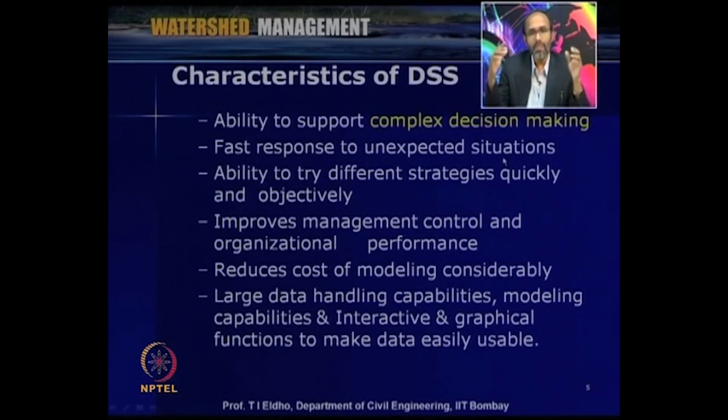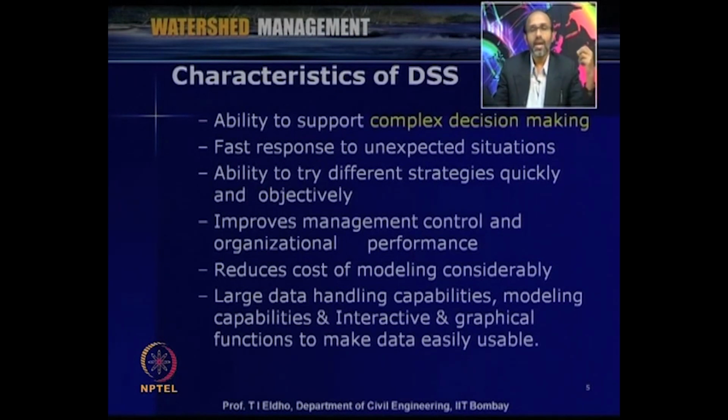For example, if a flash heavy rainfall is going to take place, and there is a possibility of flooding in a particular area, the decision maker has to decide whether the people should be shifted from a particular locality.